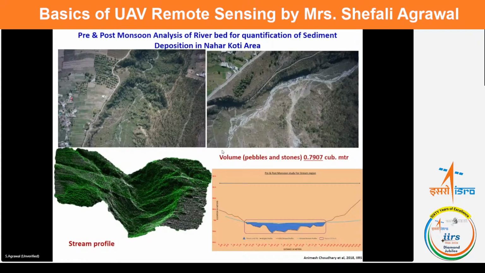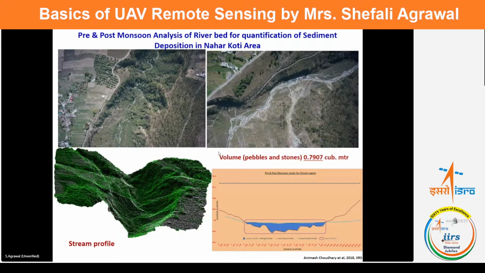This is one example where we tried to see, in the monsoon season, a lot of water comes in the river, and along with the water, sediments are also coming and getting deposited along the river plains.